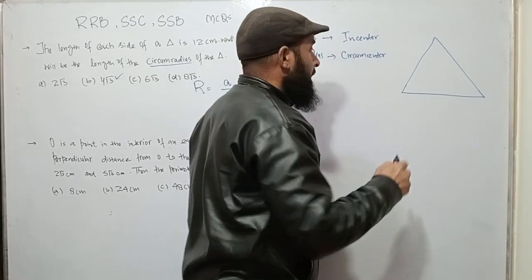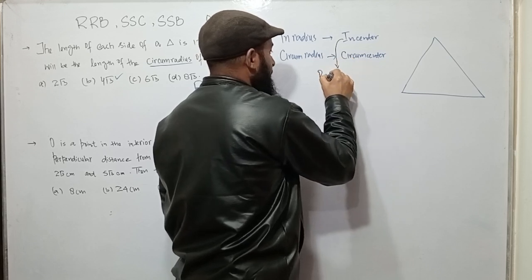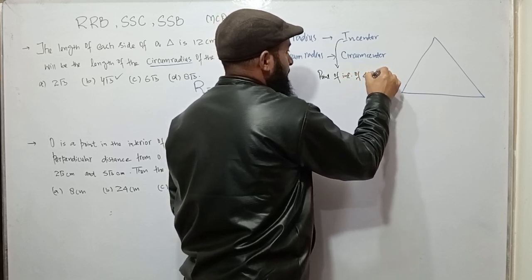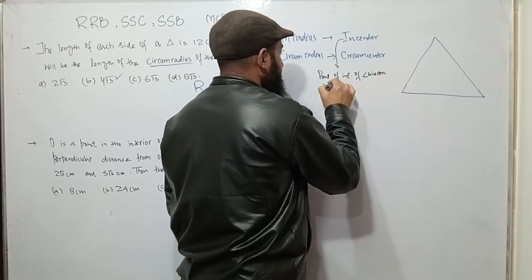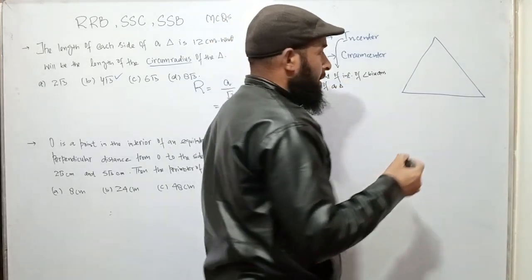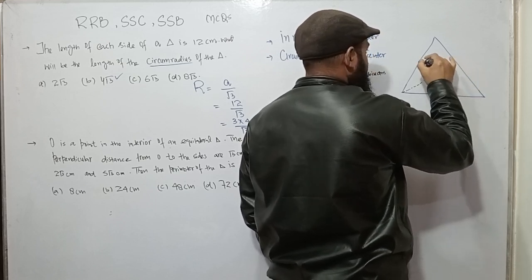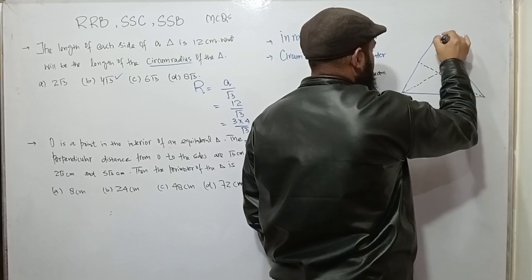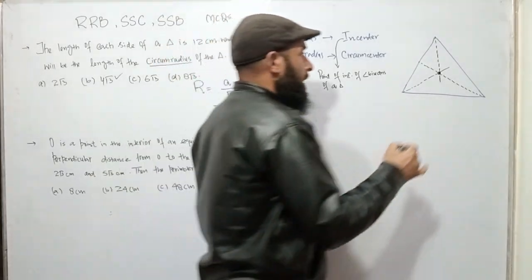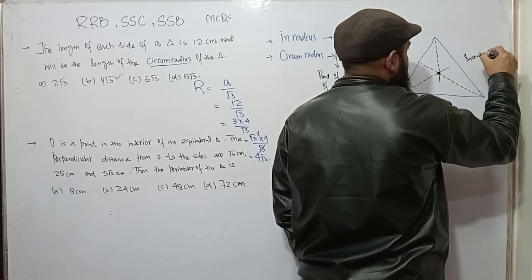Angle bisectors of a triangle. That means if these are the angle bisectors, this is first, this will be the second, this will be the third. So this point will be called the incenter.